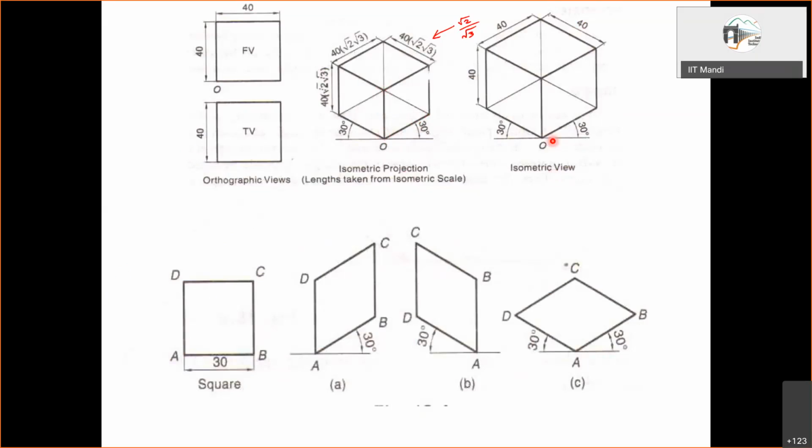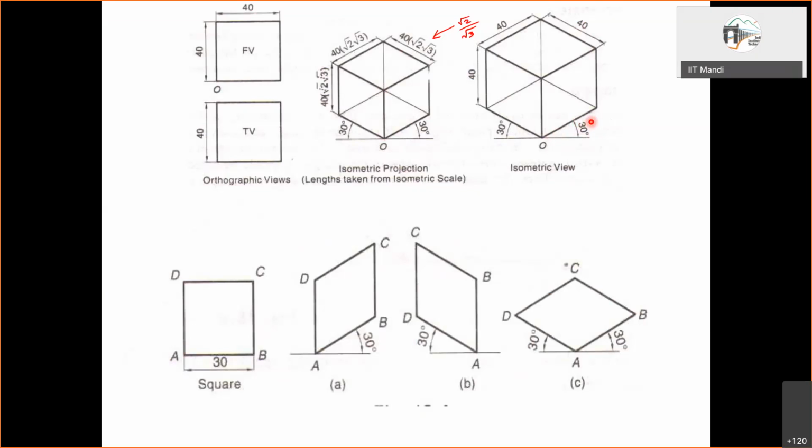And that is what is shown over here in this diagram. So here what has been done is, rather than reducing all the dimensions by root 2 divided by root 3 and obtaining a reduced picture of the cube, if we draw the actual 40, then this increased size is what is visible.